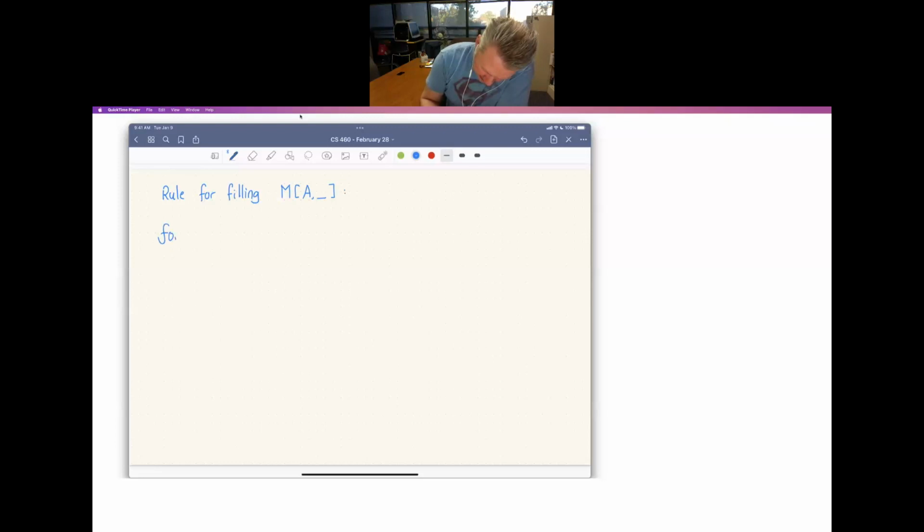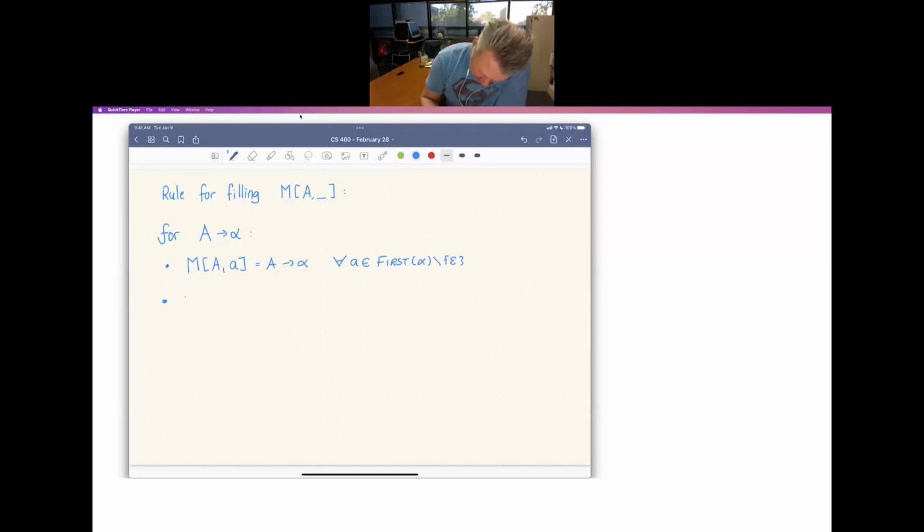we said something like, for A goes to alpha, the first part was that M of A comma a is A goes to alpha for all a in the first of alpha minus epsilon.